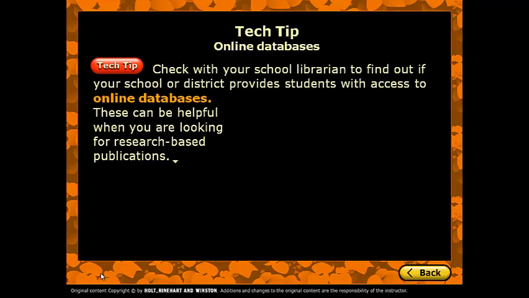One tech tip is an online database. An online database is a place where data or information is stored. And they can be huge collections, they can be particular to one field of study, or they could be all-inclusive with all kinds of studies.